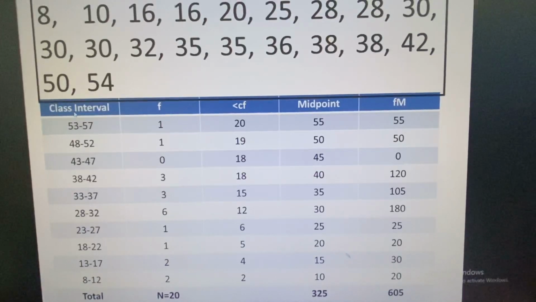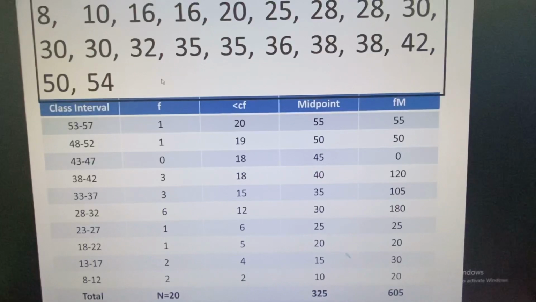Then the first column is your class interval, followed by the frequency, the cumulative frequency greater than, the midpoint. Then we have also the FM. So when we say FM, this is the frequency times the midpoint.